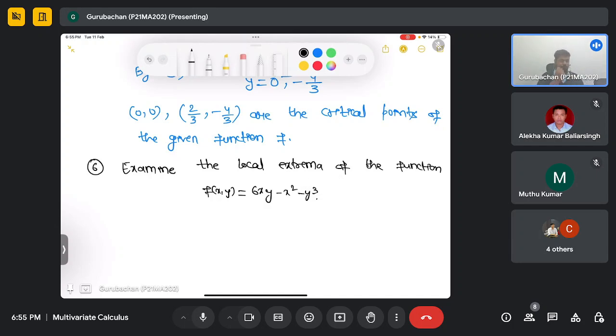So examine the local extrema of this function. This is a function of two variables. Again, we have to find the critical points and we have to apply the second derivative test to see what the critical point corresponds to, local maxima or local minima. So please try this. I'm just coming in 2 minutes.